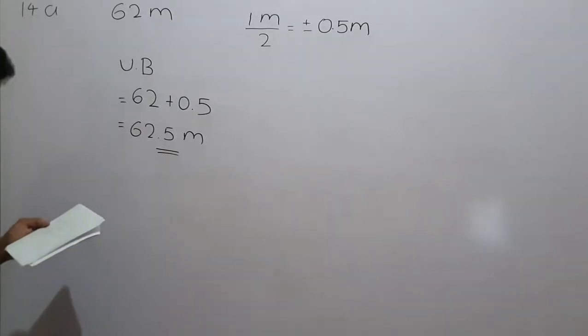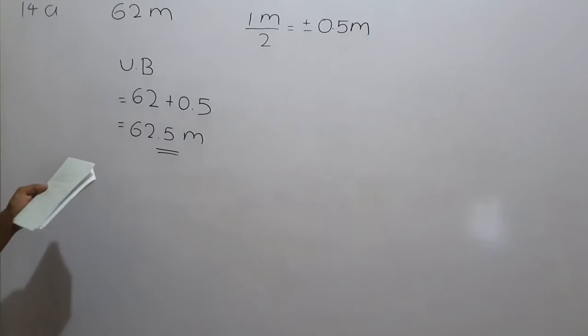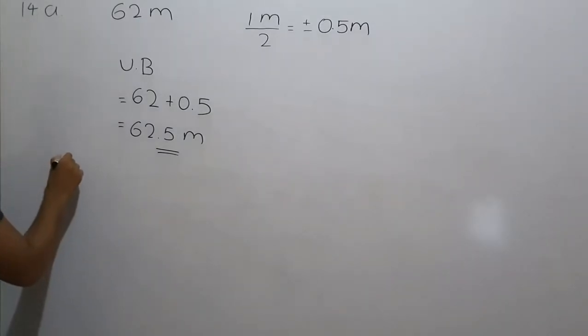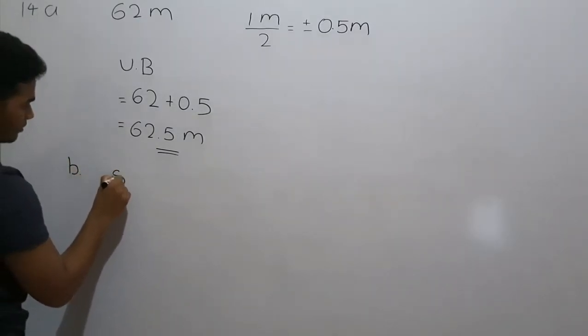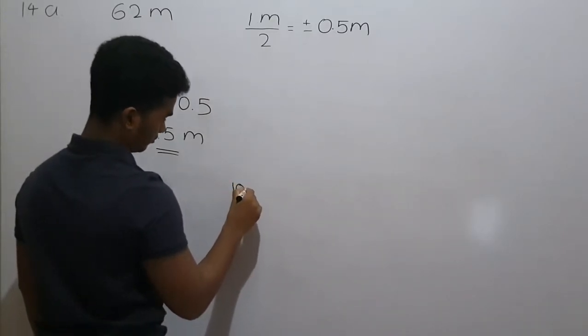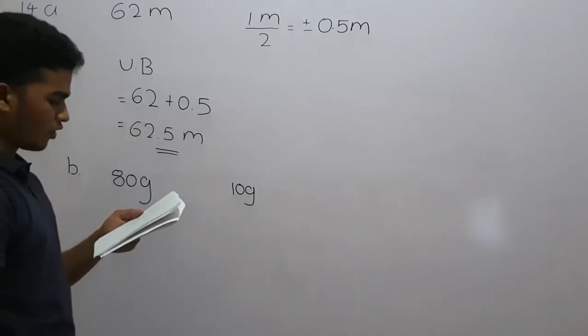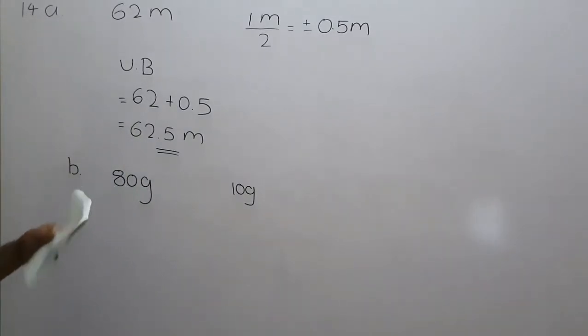Then part B, the mass of a bag of peanuts is 80 grams, correct to 10 grams. The mass is 80 grams and it is nearest to 10 grams. Calculate the lower bound of the mass of 5 of these bags of peanuts.